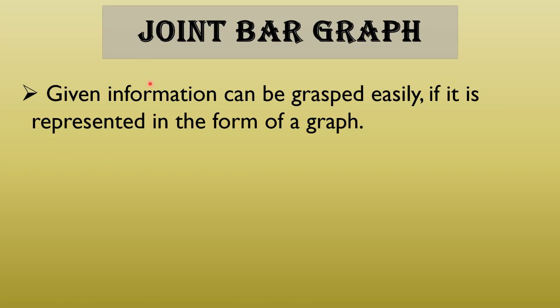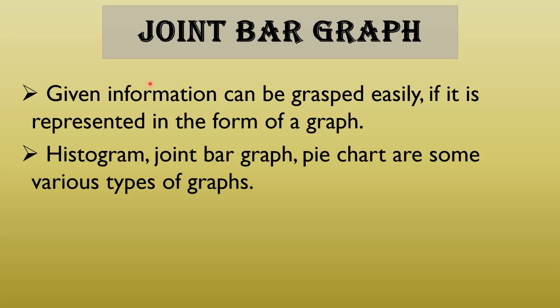Now we will see our main topic, that is joint bar graph. Given information can be understood easily if it is represented in the form of a graph. Histograms, joint bar graphs, and pie charts are some of the various types of graphs.